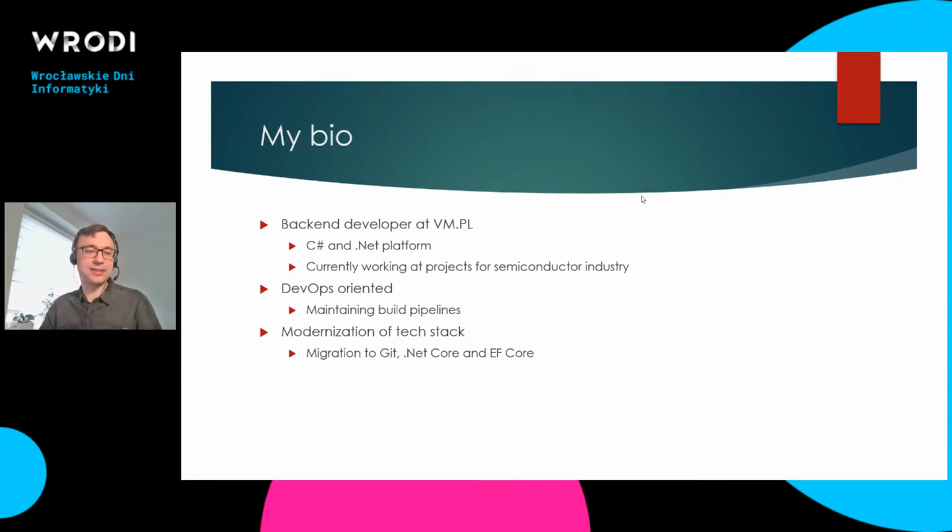I can tell you that in the current project, we migrated the code base from SVN to Git, and the .NET Framework to the newest .NET Core. That was .NET Framework 4, so that was basically the whole process of modernization, and that also included the migration from Entity Framework to Entity Framework Core.